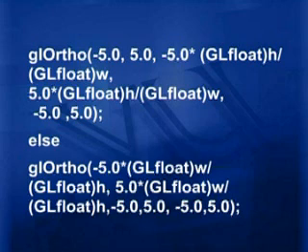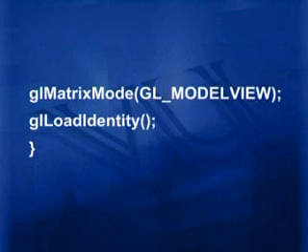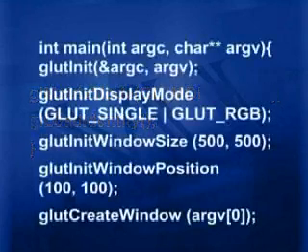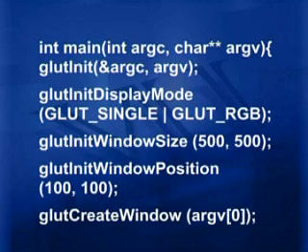Otherwise, if width is greater than height, then we call glOrtho with the parameters -5.0 times w over h, 5 times w over h, with both w and h typecasted as GLfloat, and then -5, 5, and -5, 5. And then we set the glMatrixMode to GL_MODELVIEW, and glLoadIdentity is called. In the main, we start by calling glutInit, and then glutInitDisplayMode, which is set using the bit mask GLUT_SINGLE and GLUT_RGB.